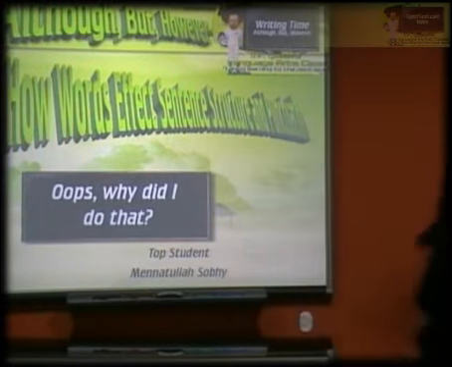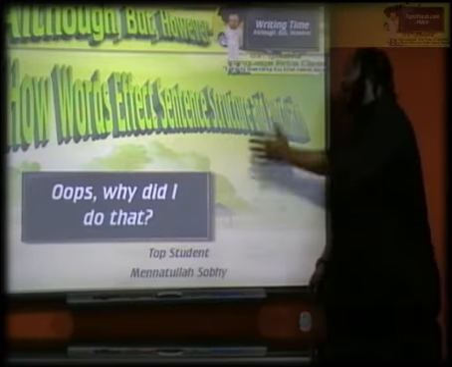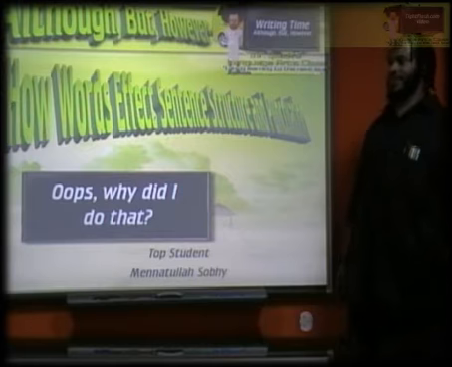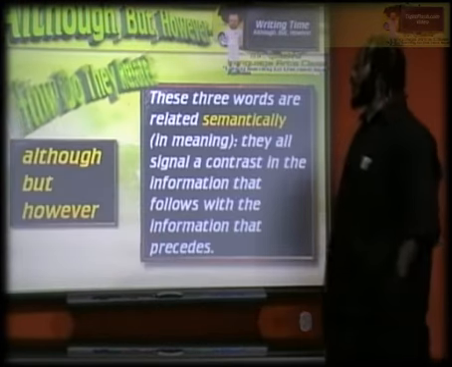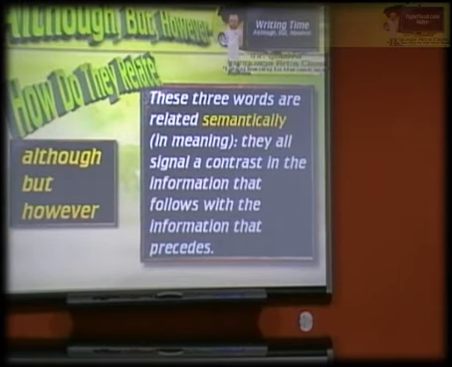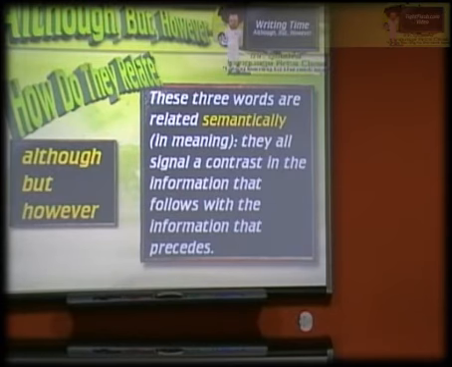How words affect sentence structure and punctuation. This is why we're going over although, but, however. Yes. We ready? Okay, here we go. How do they relate? Although, but, however. These three words are related semantically.